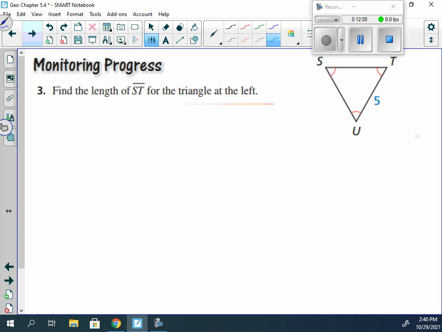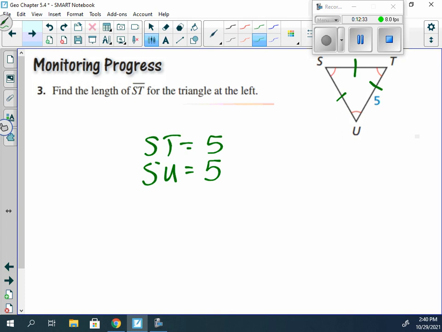Find the length of ST. How about SU? Because here it is equiangular, and if a triangle is equiangular, it also means it's equilateral. So all three sides are the same.